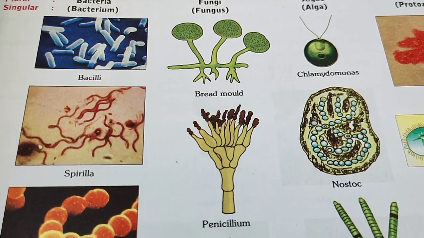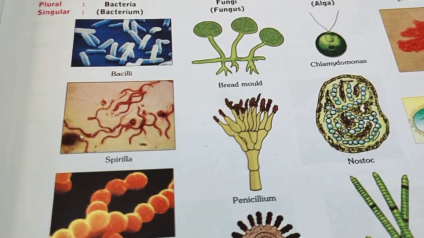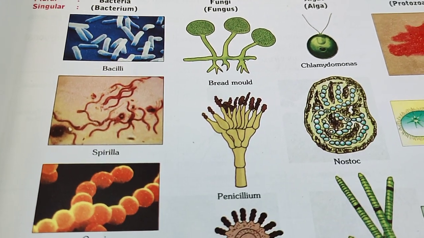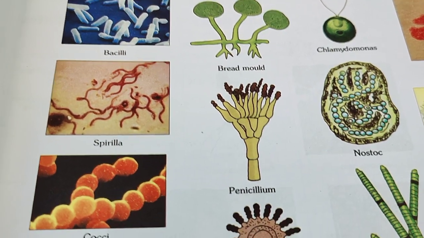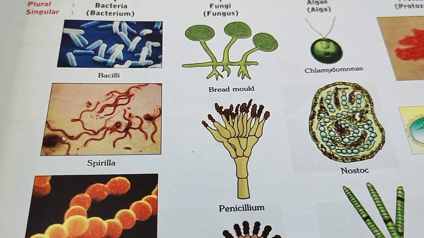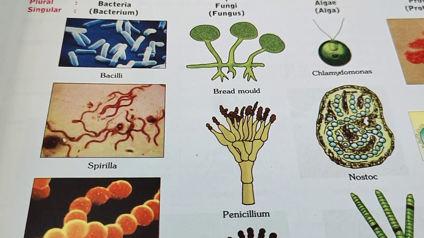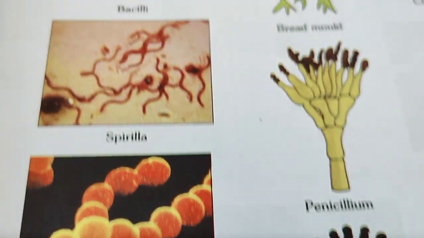First, under bacteria there are 3 images showing 3 different types of occurrence of bacteria. Number 1, bacilli. Number 2, spirilla, and number 3, cocci. These are the different shapes of the bacterial cells. We will learn in detail about them.